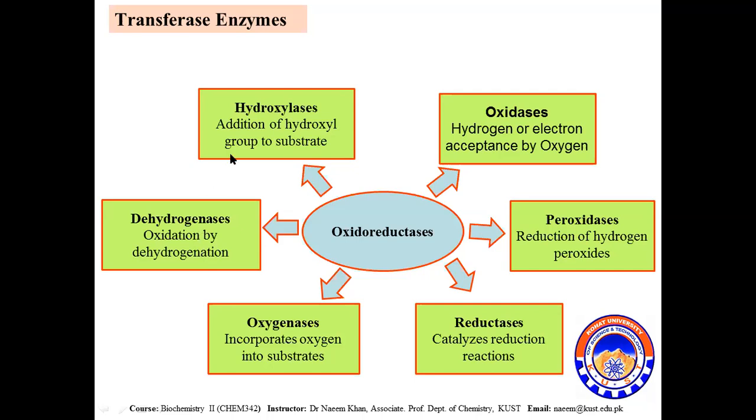So these 6 classes of oxidoreductase enzymes, class number 1, we already studied: hydroxylases, oxidases, peroxidases, reductases, oxygenases, and dehydrogenases.